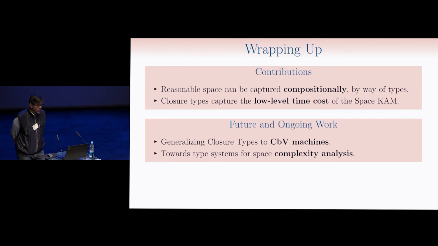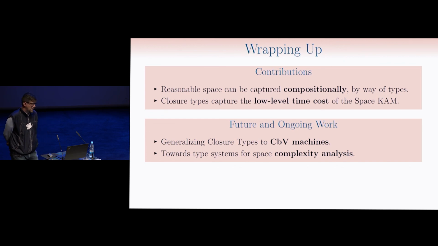Future and ongoing work is about, first of all, the generalization of all that to call-by-value machines. The Space KAM has been generalized already to call-by-value. We are working on the generalization of closure types.